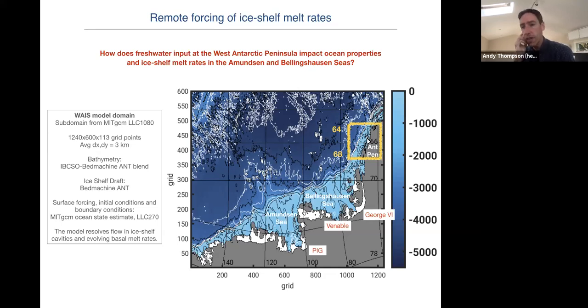And part of the motivation for this is that, I don't have a slide to talk about this, but if we look at warming trends throughout Antarctica, where we're seeing some of the largest signals, and in particular earliest signals of warming around Antarctica, it is principally concentrated around the Antarctic Peninsula. So this may be a location where you would expect to see some of the first signatures of changing climate, and in particular enhanced freshwater flux into the ocean here.